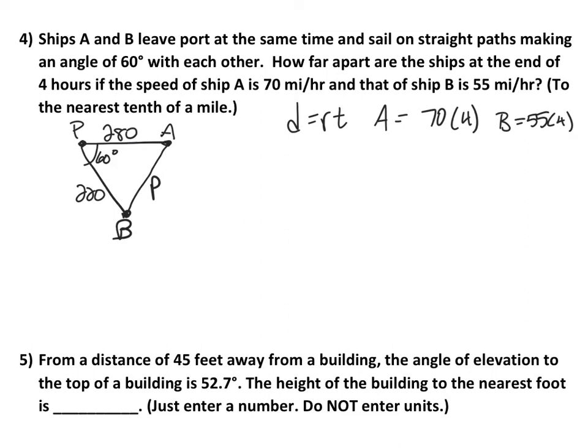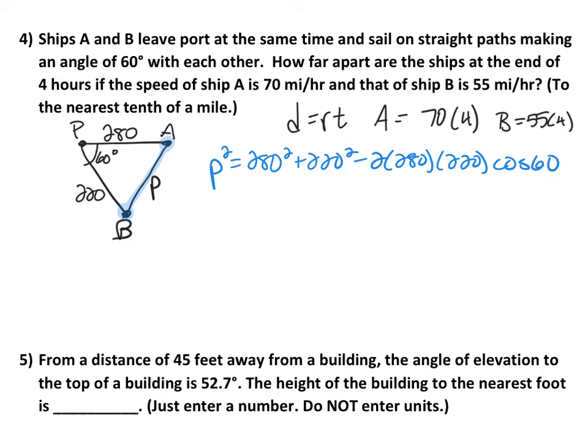So from ship A to ship B, what we're trying to solve here is how far apart ship A is from ship B. And we can do that by writing out an equation, in this case using the law of cosines. So we're going to have p squared equals 280 squared plus 220 squared minus 2 times 280 times 220 times cosine 60.